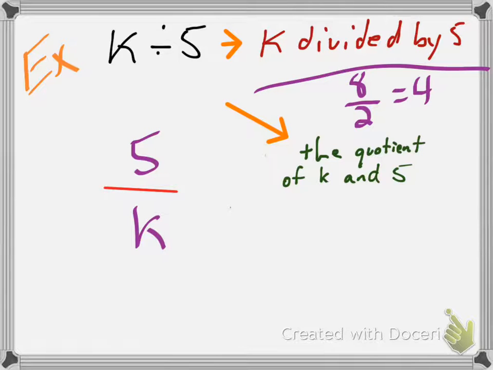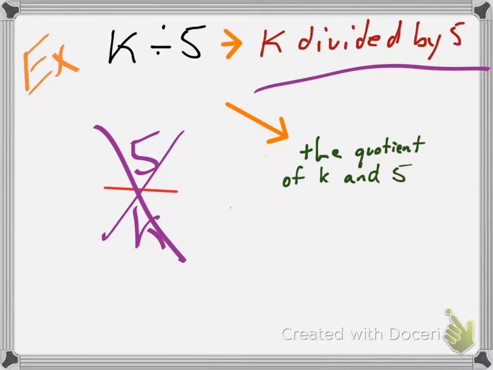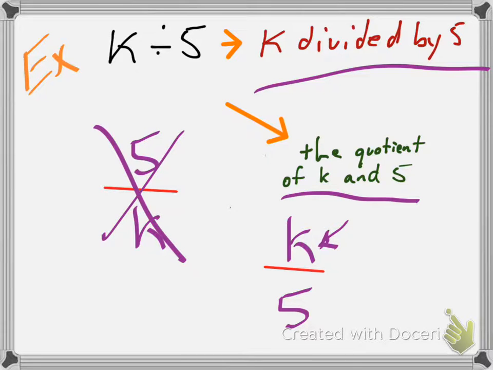But if I wrote it this way, right here, it would have been 1/4, it's upside down. So this is not the correct way. It's always the first one. When you're doing division, it's always the first number first, or letter, and then the second number, or letter. Same thing with the quotient of K and 5.